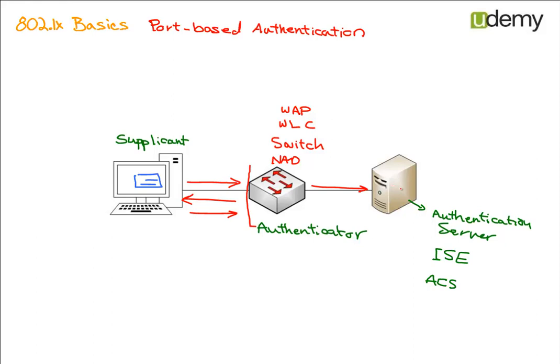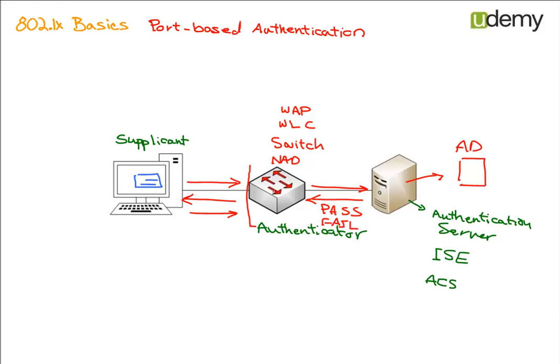The database could be inside the authentication server or could be in an external identity source like Microsoft Active Directory or any other vendor's. And finally, the server answers two thumbs up or two thumbs down to the switch, which means yes, he is a valid user, or no, he is not a valid user.